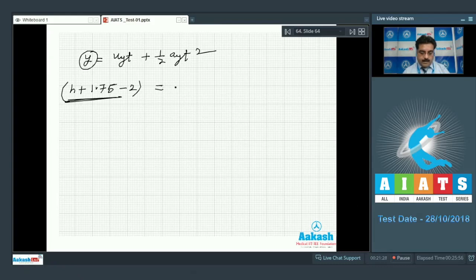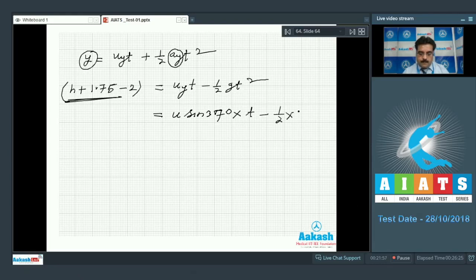u_y into t, but acceleration due to gravity will be negative, so minus half g t square. Now I am going to place the values. u_y is u sin 37 degree into t, minus half, g is 10, time t is 1 second.